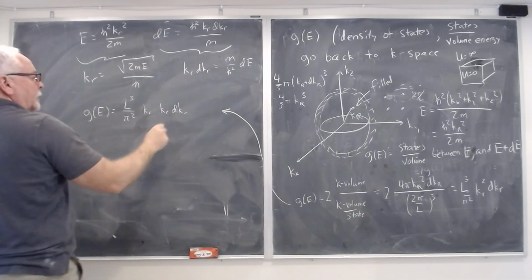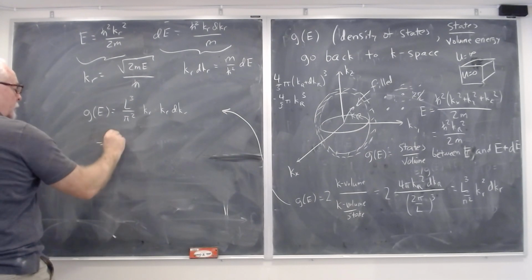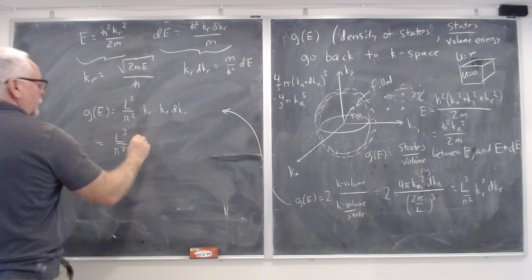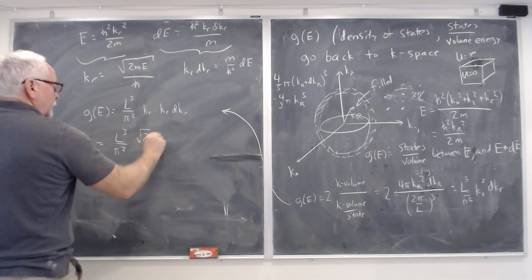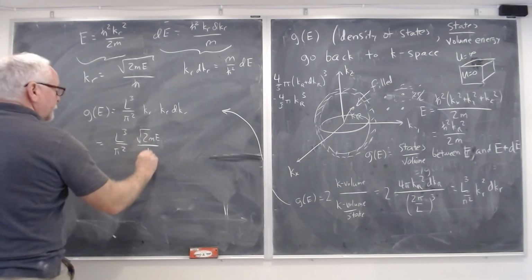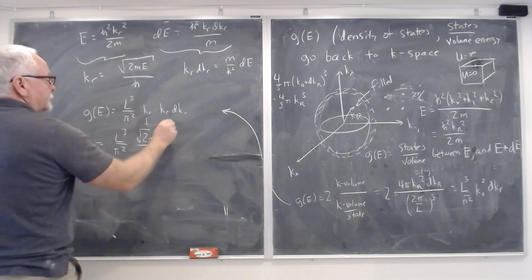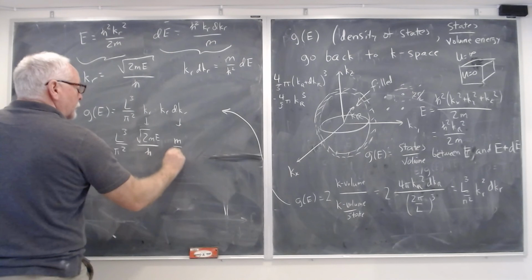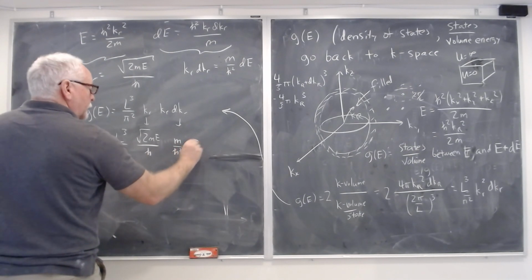You can see why I did it that way. Over pi squared, k_r is the square root of 2mE over h bar, and k_r dk_r is m over h bar squared dE.